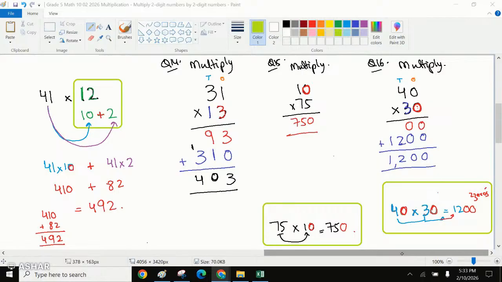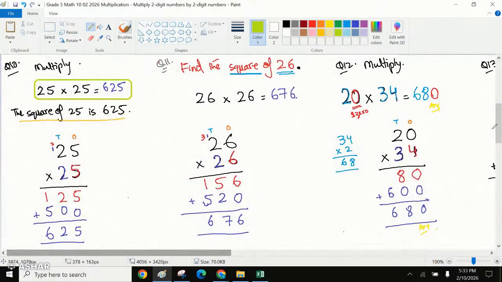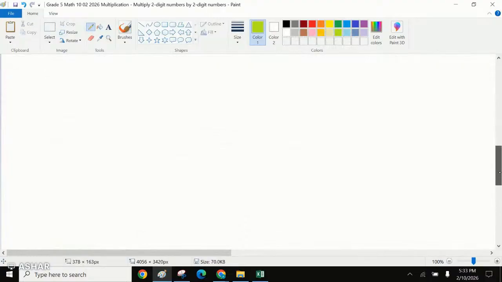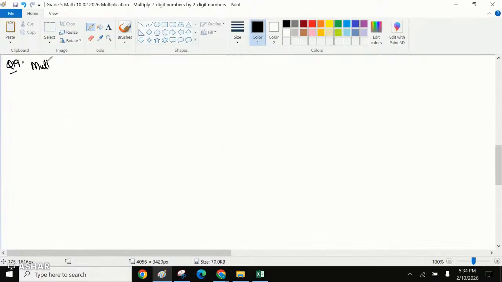The next question says multiply 11 by 48. Okay. Question number 19 says multiply 11 by 48. So we have to do the long method.